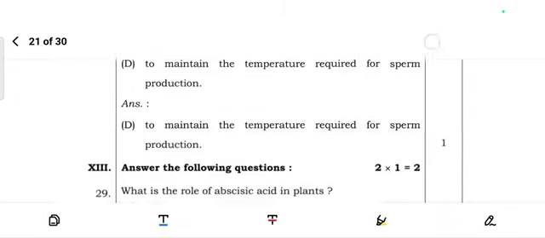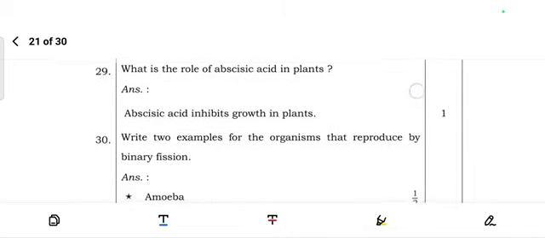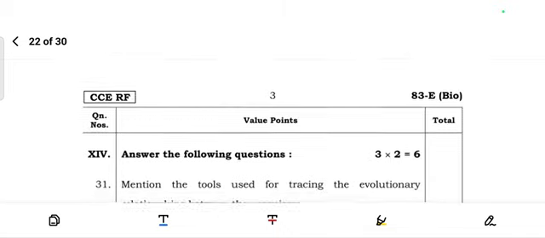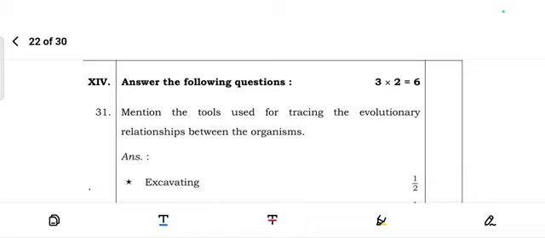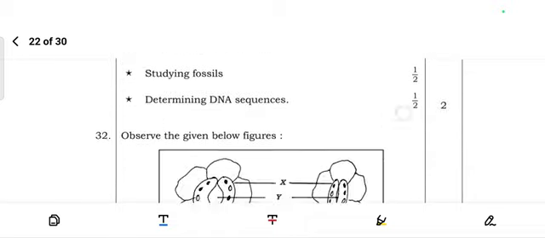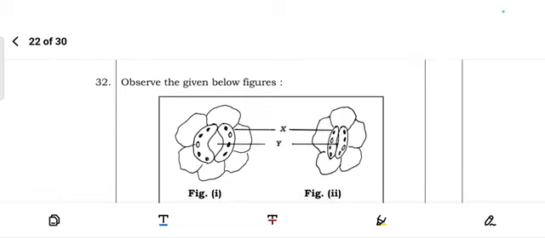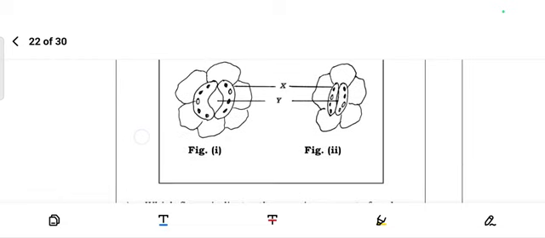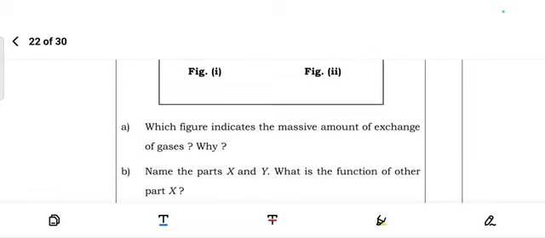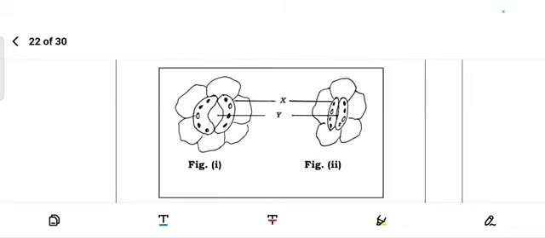So next, I am just checking only Life Processes chapter questions. So next question will be this. Observe the given figure. Which figure indicates the massive amount of exchange of gases? Here the stomata figure is given.